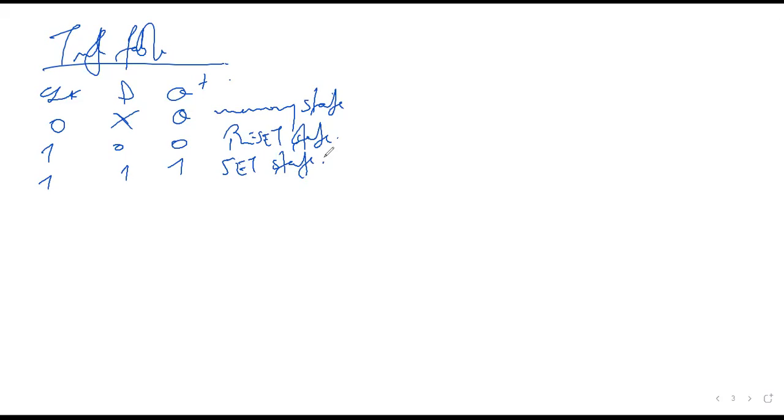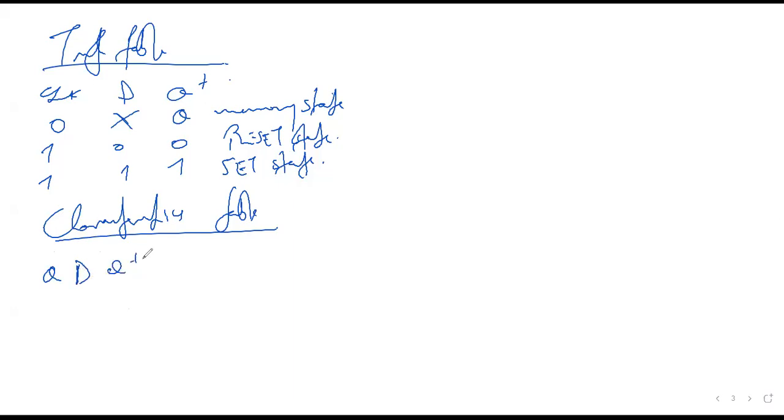Now, the characteristics table. It shows you what the next outputs will be, provided the present state. So for this one, we have the present state Q, the input D, and the next state Q plus: 0, 1, 0, 1, 0, 0, 1, 1. So if D is 0, what will be my Q next?